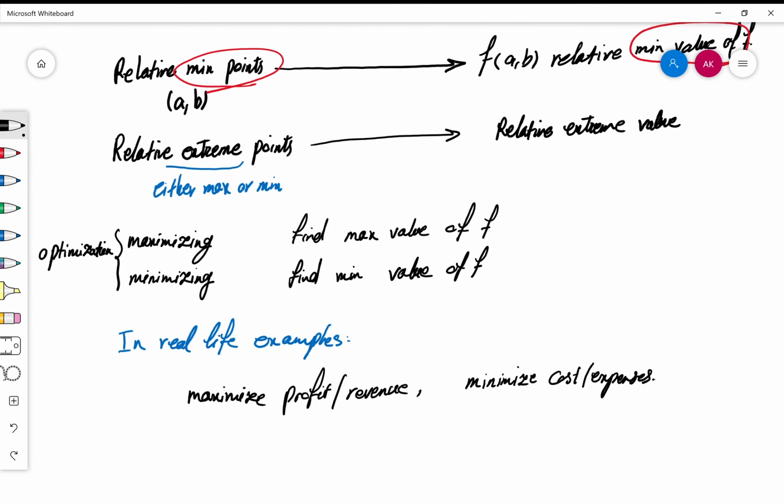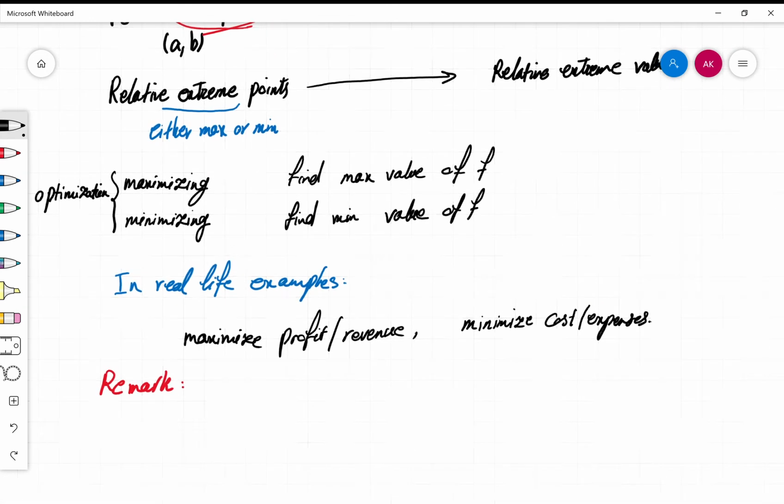There is one subtle thing that your book won't mention, but in general, if you check other books or other courses, you will see that when someone says max value of f, it's not the same thing as relative max value of f.